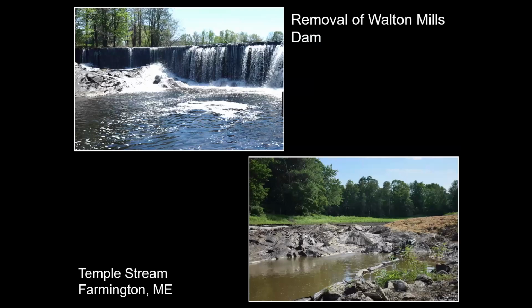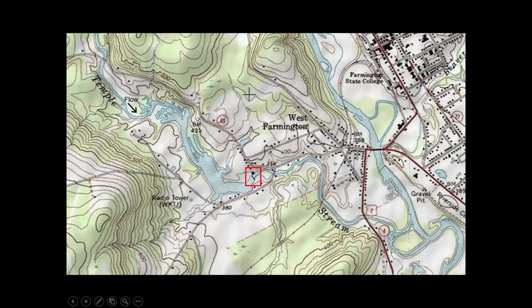Now let's look at another scenario where the sediment isn't necessarily accumulating right at the upstream face of the dam. Here's an example from Temple Stream in Farmington, Maine that I worked on. Here the impoundment was quite long, almost a mile long to the upstream end of the impoundment near my flow symbol here.